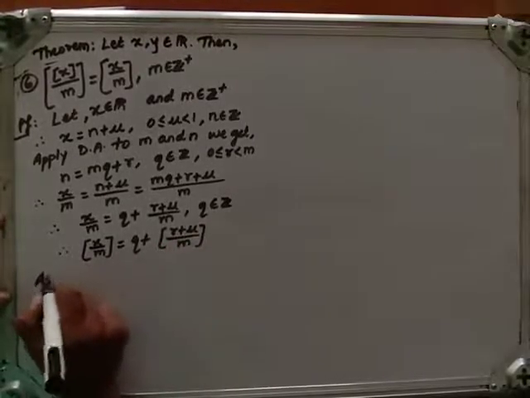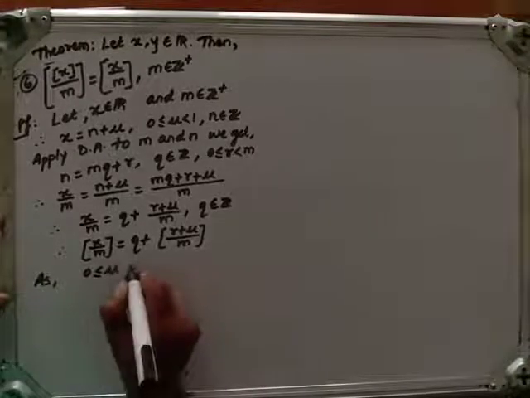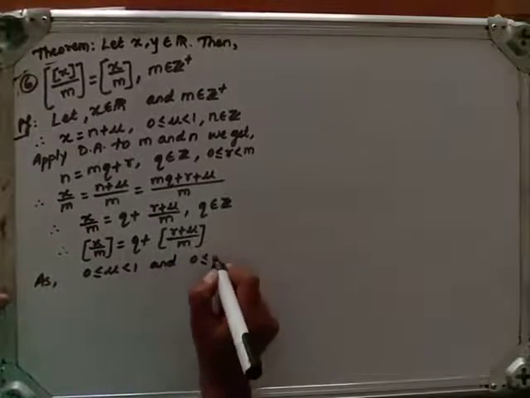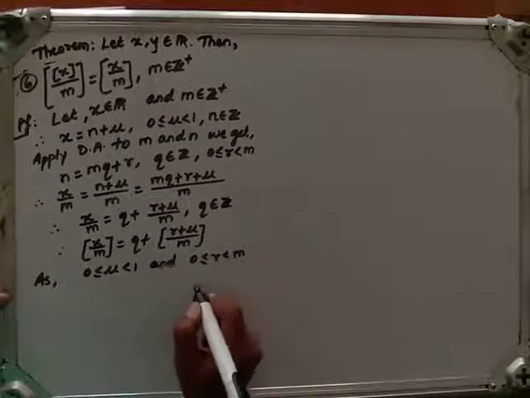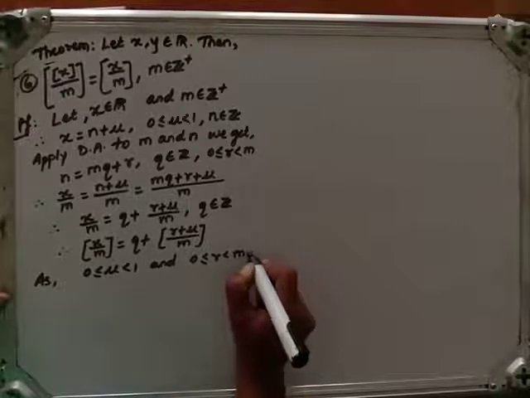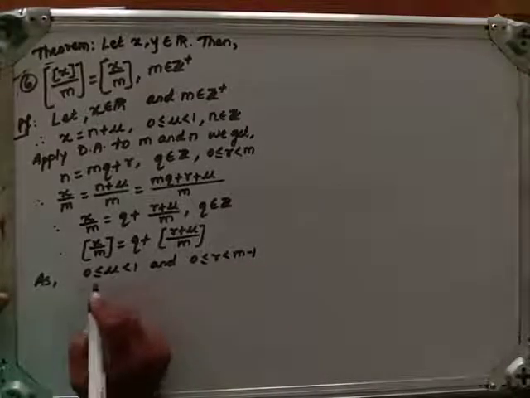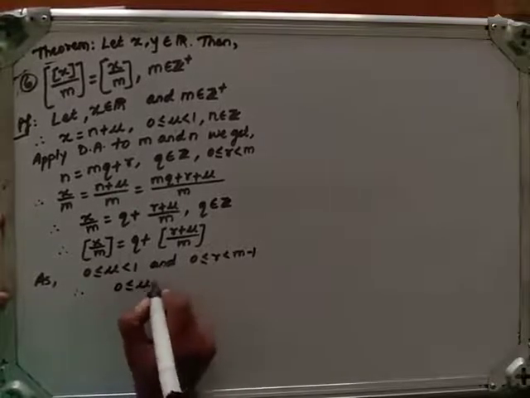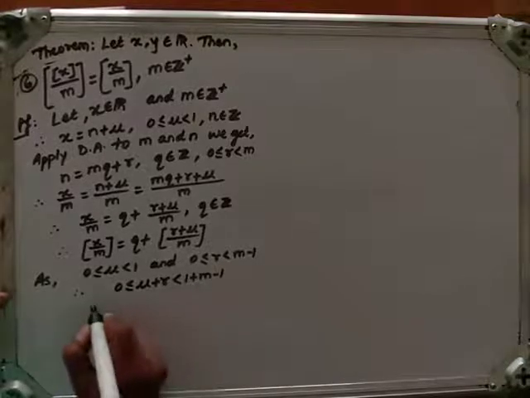So now as 0 less equal mu less than 1 and 0 less equal r less than m, okay, m minus 1. Therefore, 0 less equal mu plus r less than 1 plus m minus 1.